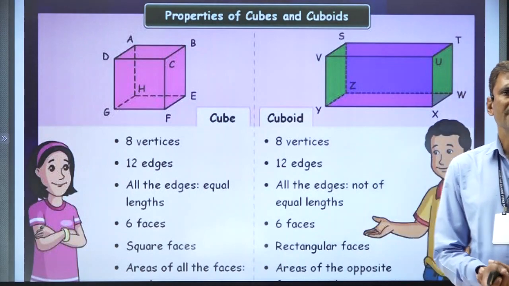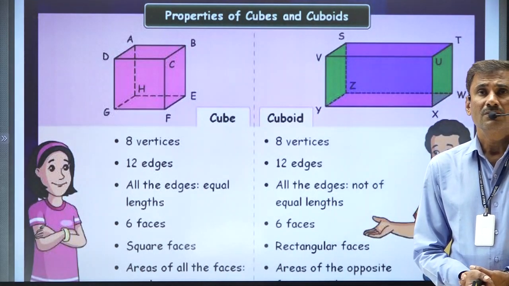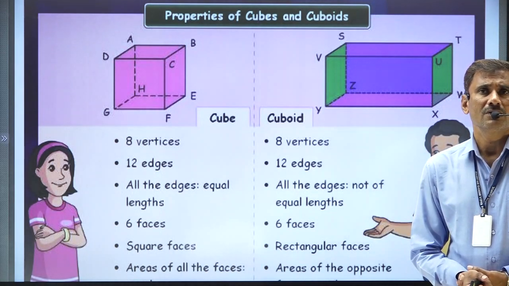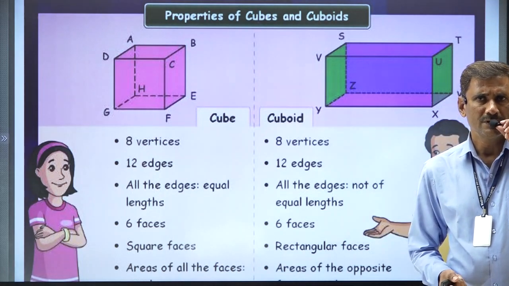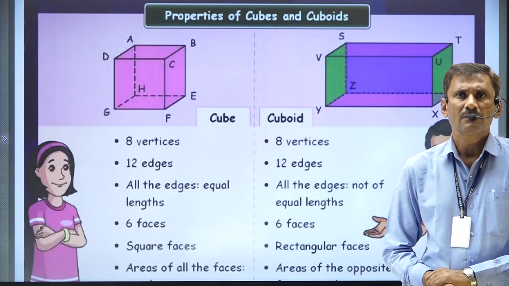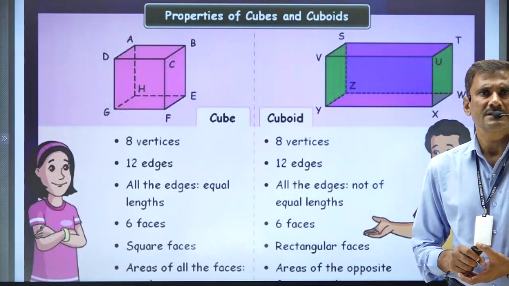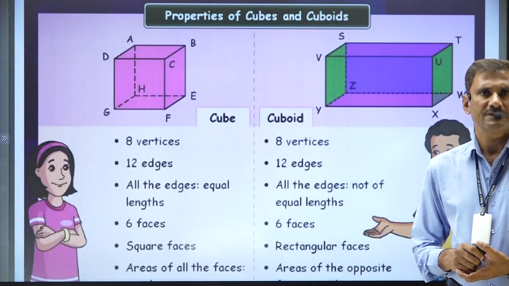There are 6 faces. You can imagine or just look at your classroom, or if you are at home, look at your room. Your room is mostly a cuboid or cube. There are 4 walls, a ceiling and a floor, so 6 surfaces are there. So they have written 6 faces, and all faces are square.